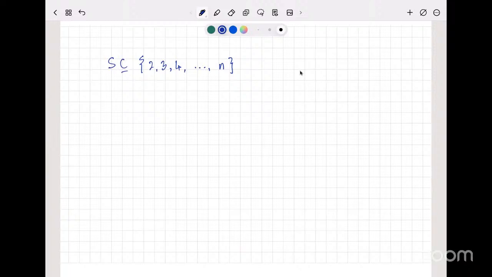And let's take an example, say n is equal to 5. So I have 2, 3, 4, 5, and let's say my subset is 3 and 5. So to build out a permutation of 1, 2, 3, 4, 5, right?